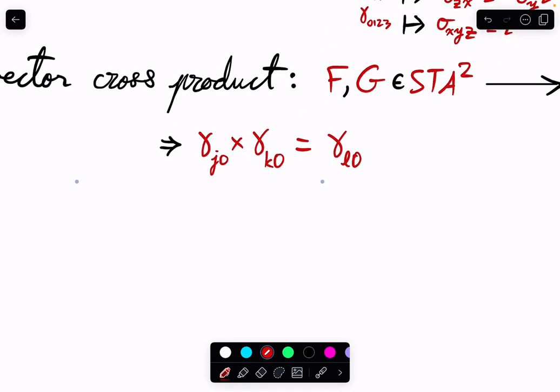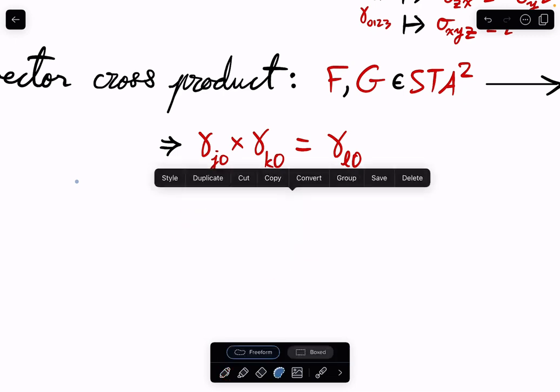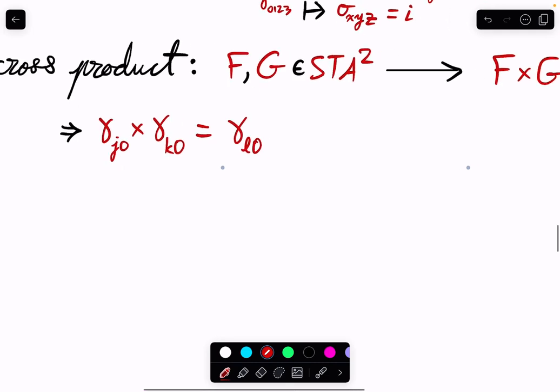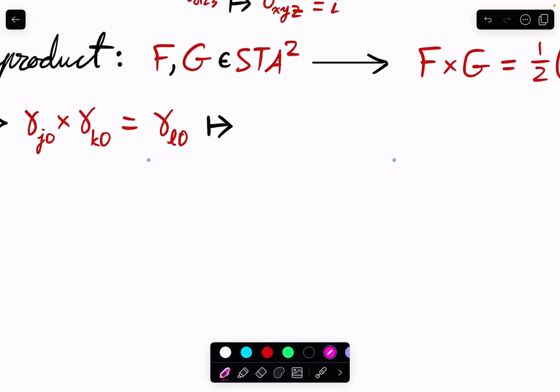An example of this is gamma 1 naught cross gamma 2 naught gives gamma 3 naught. Well, if you look at the mapping here, this will map to, I'll write this in pink, sigma j cross sigma k is equal to sigma L.